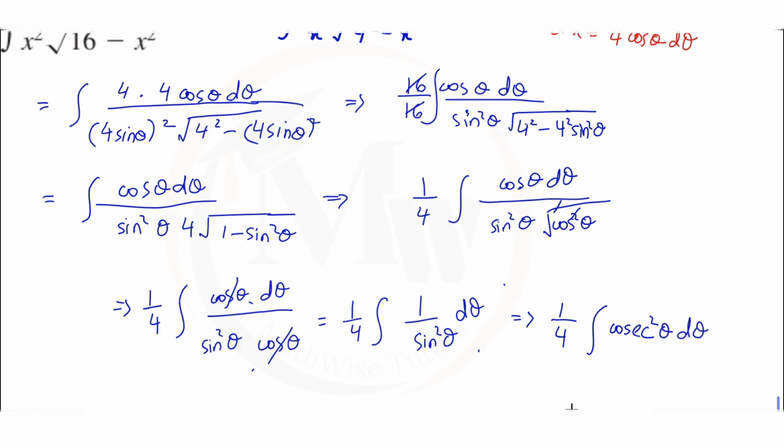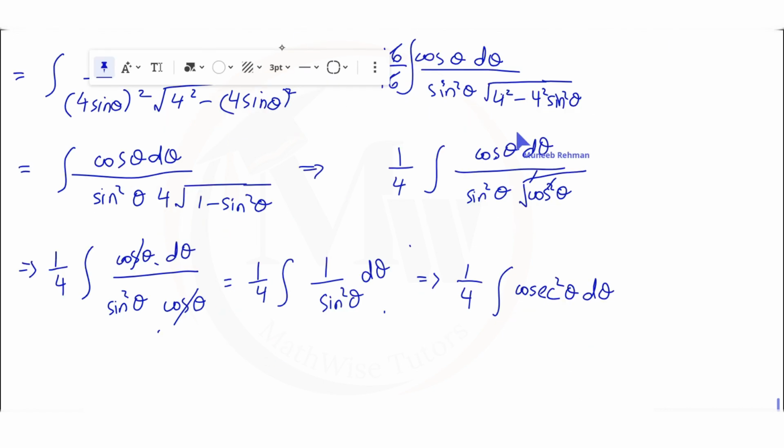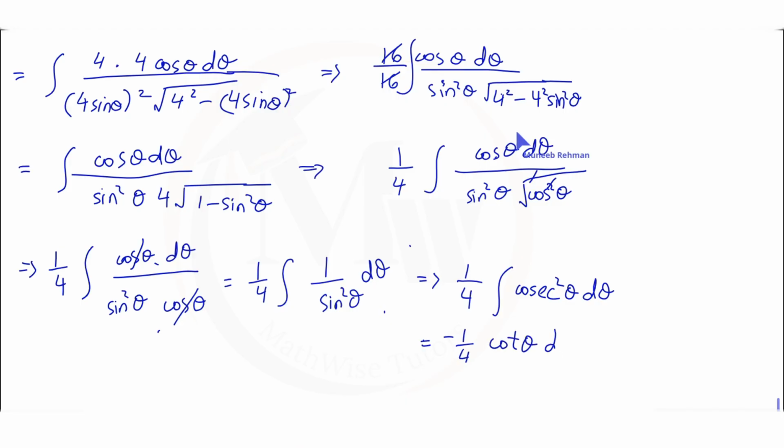And what is the integration of cosecant square theta d theta? Yeah, minus cot. So the integration of this will be minus cot, and 1 by 4 as it is. Sorry, not d theta. If you integrate, then it is minus 1 by 4 cot theta.